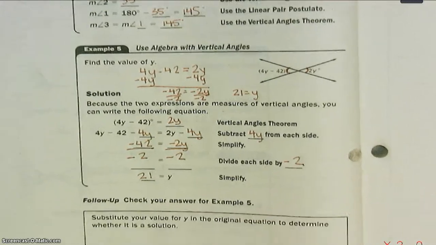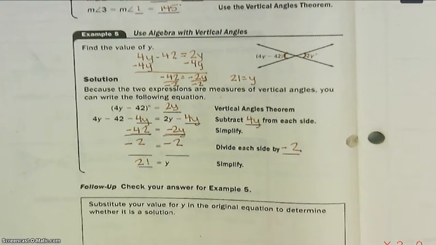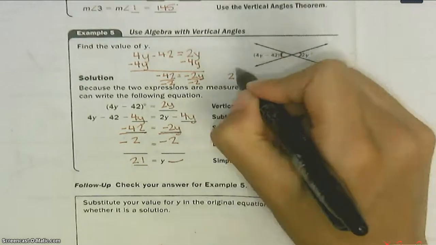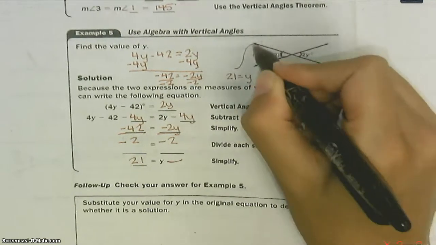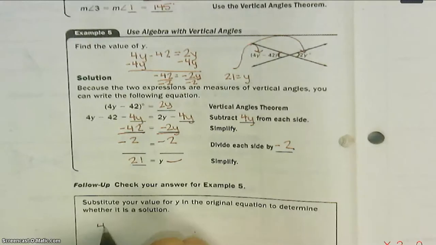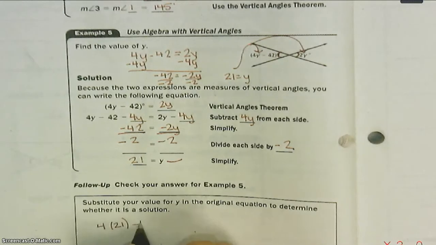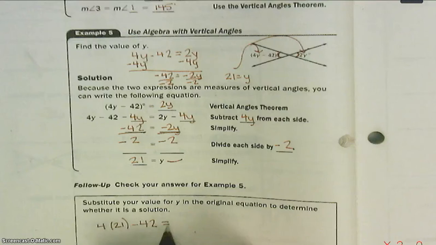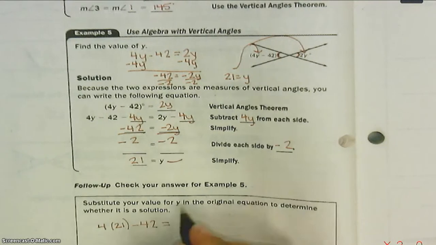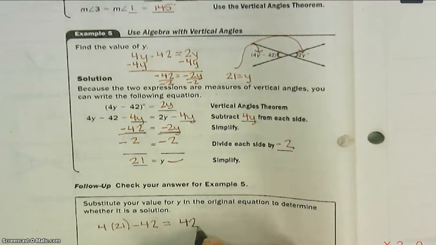Now we're going to check our answer to make sure that that worked. So we're going to take 21 and we are going to plug it in for y and make sure that worked out. So 4 times 21 minus 42. Well, 4 times 21 is 84, minus 42 is 42 degrees.